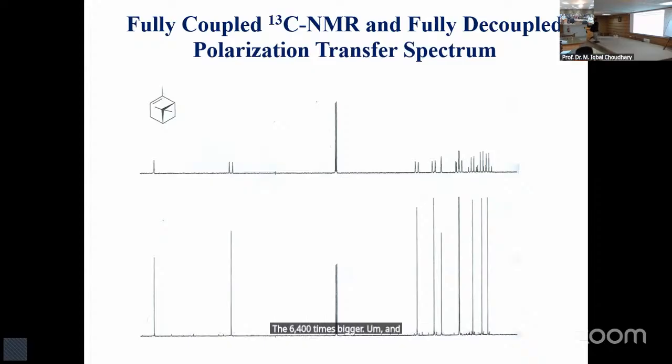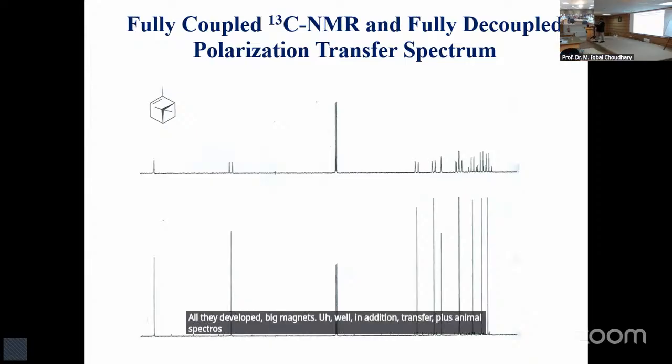All the development in the first 30 years of NMR spectroscopy was to improve the sensitivity of this technique so you can detect carbon-13. All the development, big magnets, polarization transfer, pulse NMR spectroscopy, was just for that.